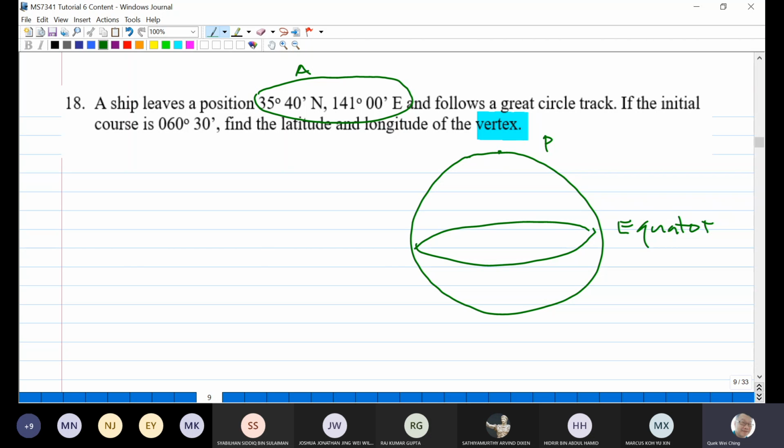Point A makes a latitude of 35 degrees 40 minutes. Here is the center of the Earth, and A is 35 degrees 40 minutes from the equator, this angle.